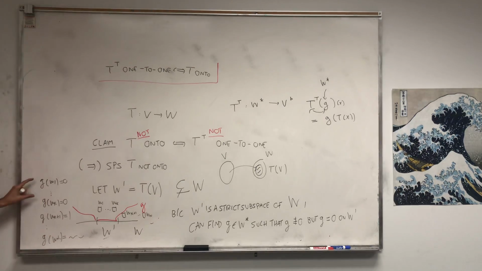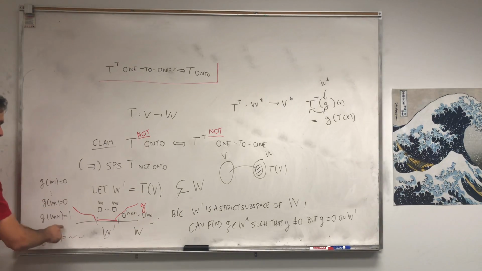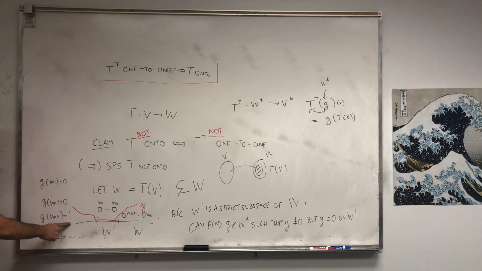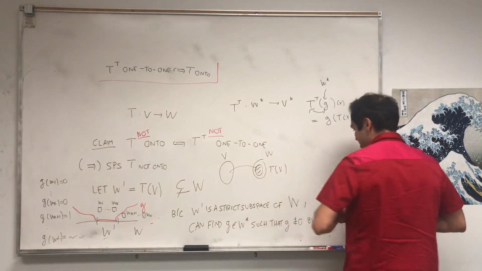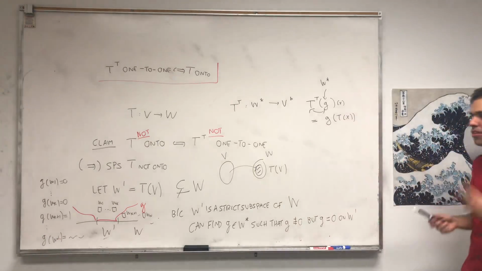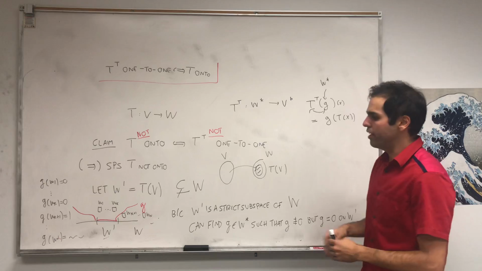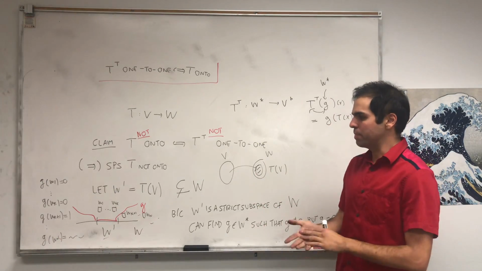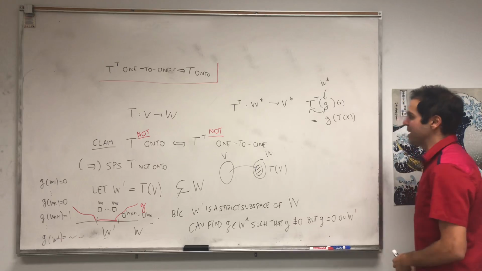Basically G will be 0 on W prime because it's 0 on those basis vectors, and it can't be the 0 functional because it's 1 on the WK plus 1 vector. And I think something similar also works for infinite dimensional spaces because it is true for infinite dimensional spaces. You can take any linearly independent set and extend it to a basis.